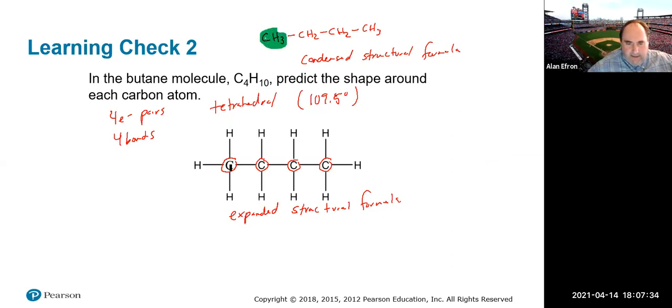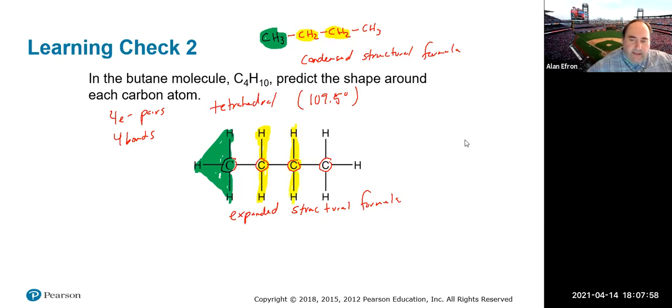CH3, that's a carbon and 3 hydrogens, right? So that is where the CH3 comes from. Next to it would be CH2. That is a carbon and 2 hydrogens, CH2. Next one would also be CH2, which would be the carbon and the 2 hydrogens.